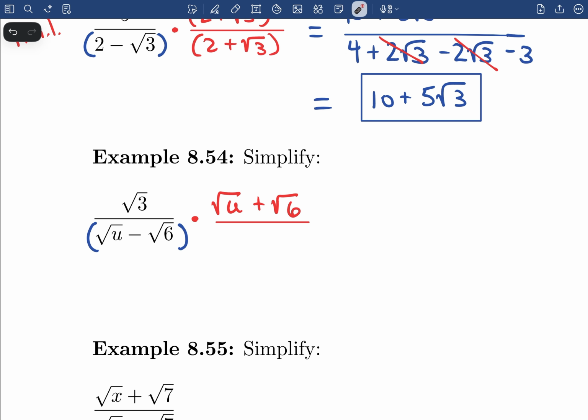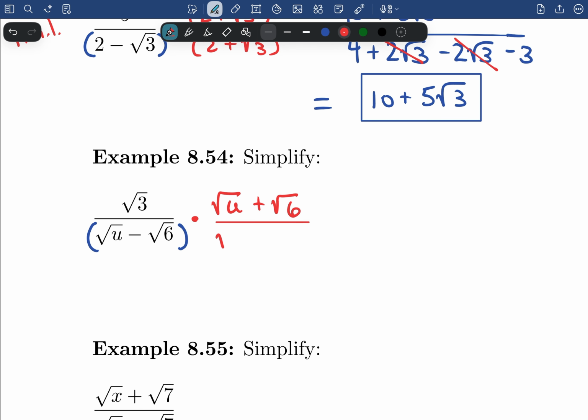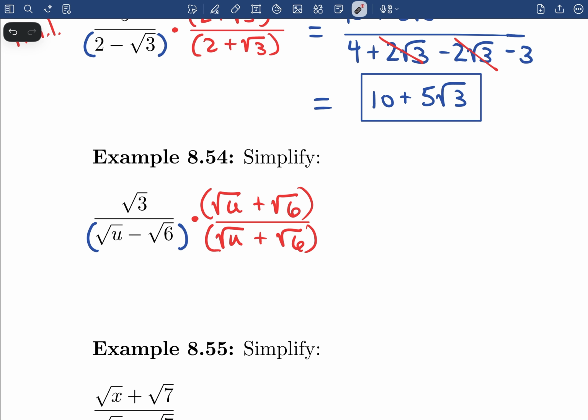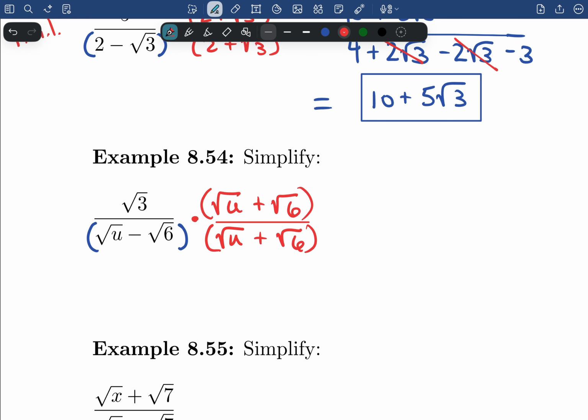Opposite sign, right? The conjugate of the subtraction has addition. And so I'm going to multiply the square root of u plus the square root of 6 on top and bottom. Because remember, taking one thing and dividing it by itself is just 1. Anything divided by itself is 1. And multiplying by 1 keeps this thing the same. So it's really the same thing.